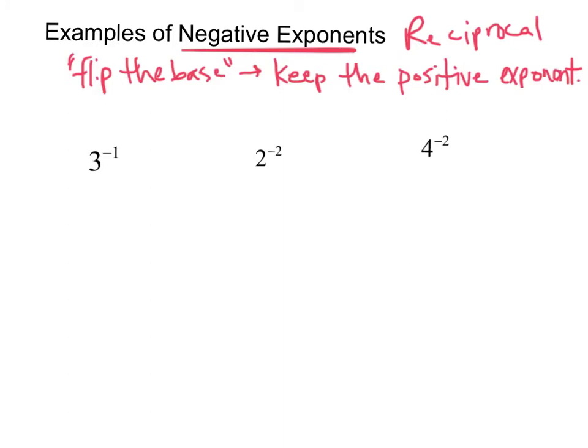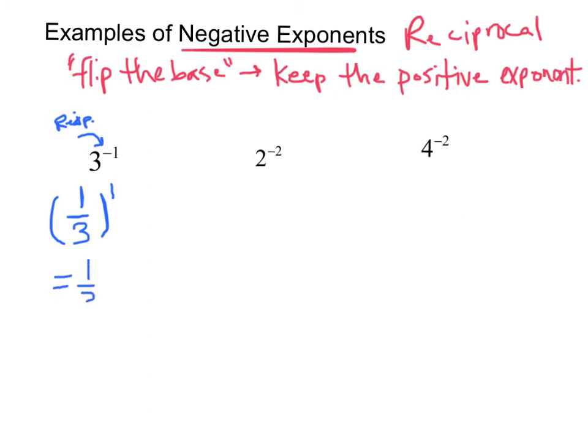So if we have 3 to the negative first power, what that means is take the reciprocal, and abbreviate that recip. And so what that is we're going to have 1/3. And then we keep our positive exponent, which is 1. And if we think about this, 1/3 to the power of 1, we know from our old exponent rules that anything to the power of 1 is simply itself.